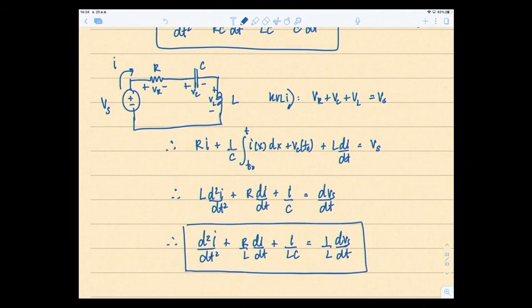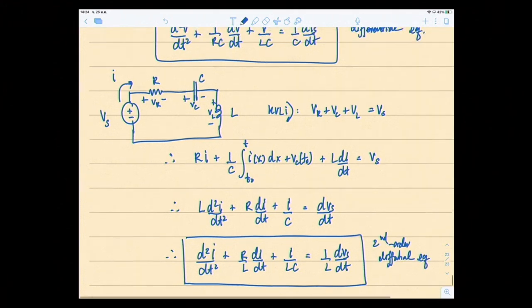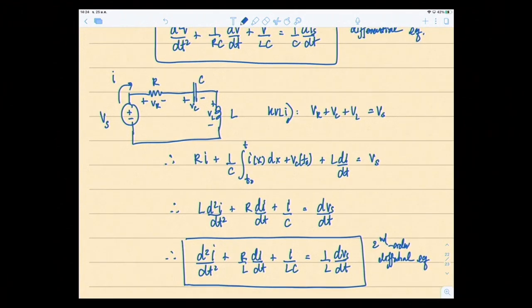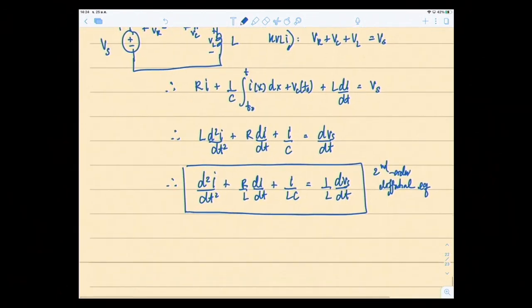Second order differential equations, and you have to solve for the current.